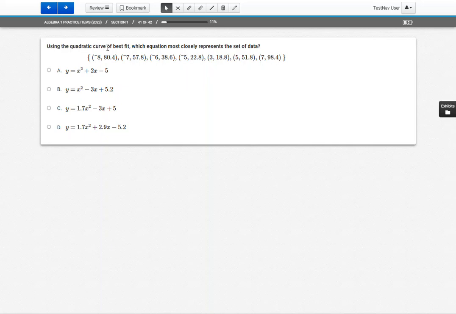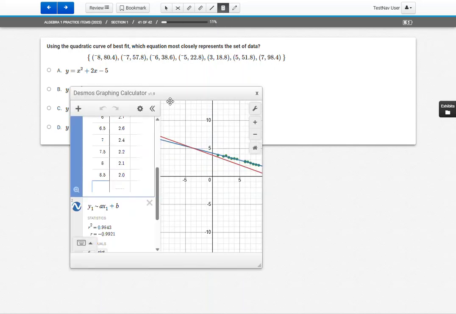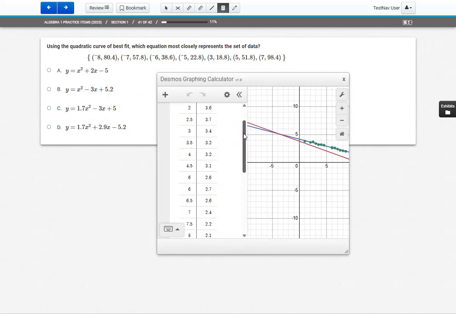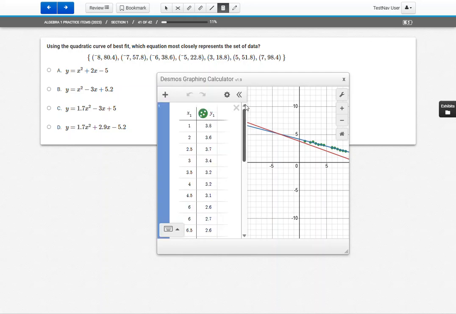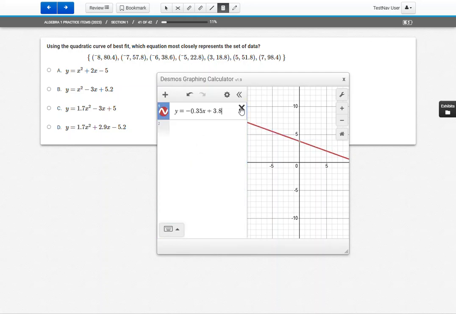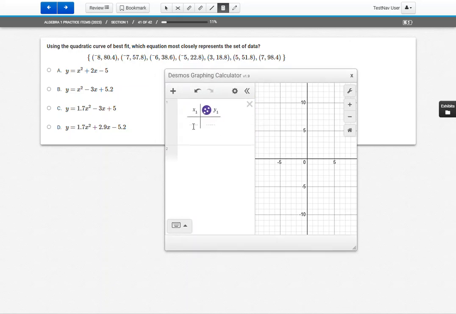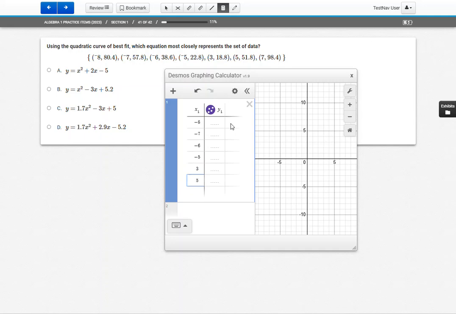All right, using the quadratic curve of best fit, which equation most closely represents the data set? So I'm going to go ahead and put the data in here. I'll put it as a table. So take everything off. I'm going to press the plus button, press the table. I'll go ahead and put in my values. So -8, -7, -5, and then 5, then it's a 3, and then 5, and then 7.